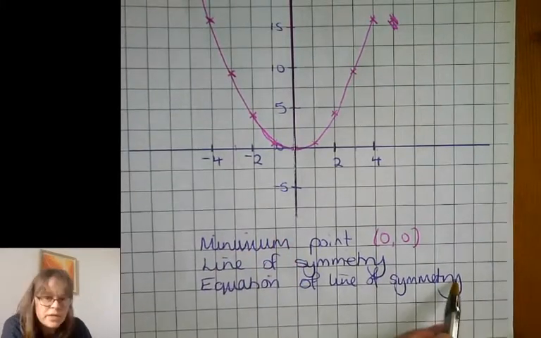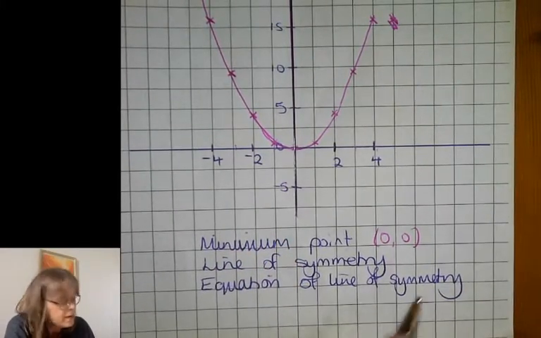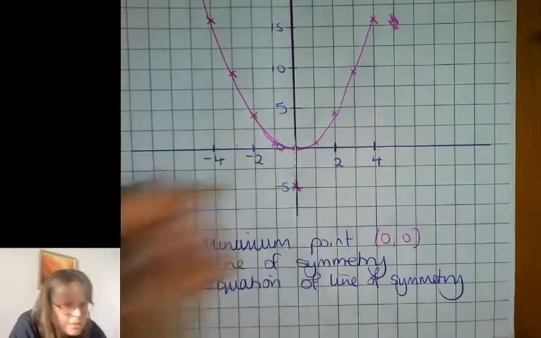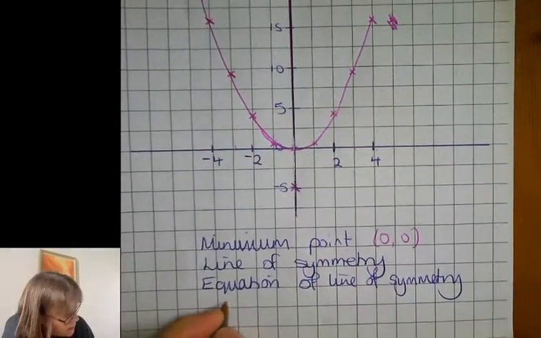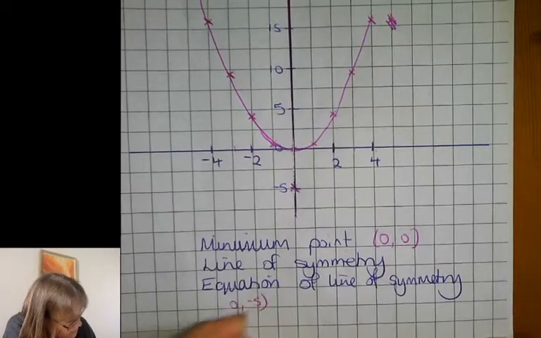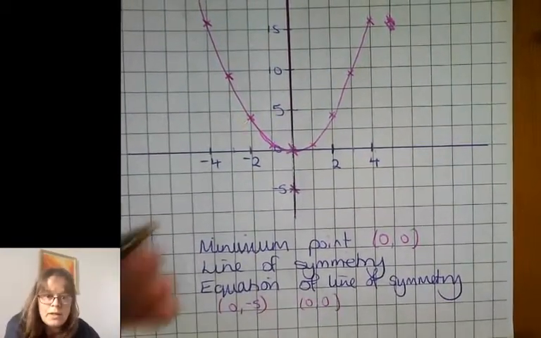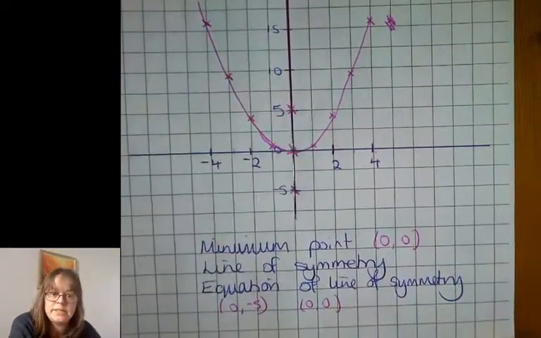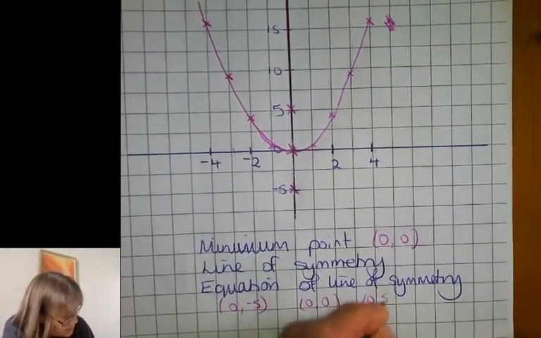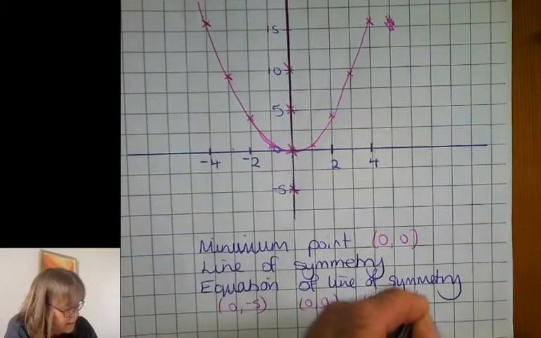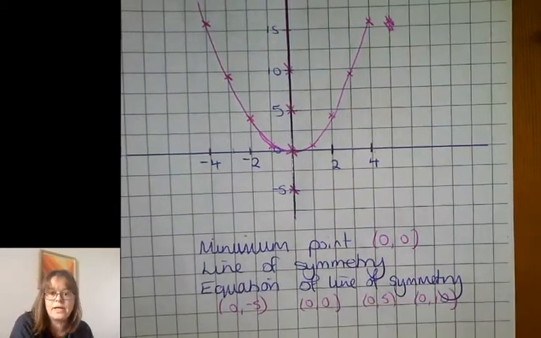If you don't know what that line I just drew is called, first thing I would do is write down some coordinates on that line. So that was 0, -5. This one here is 0, 0. This one up here is 0, 5, and this one up here is 0, 10. That will, I think, be enough to work out what's going on.